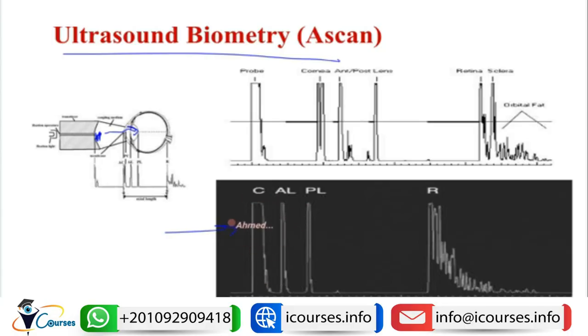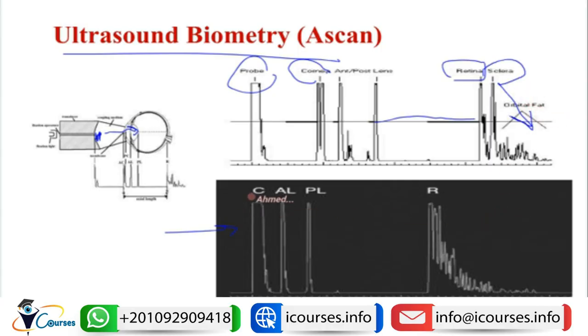So the different media of the eye will give high reflectivity. As you can see here, the first spike will be the probe. Then the second spike will be the cornea. Then there will be two spikes representing the anterior and posterior surfaces of the lens. Then there will be a long space representing the vitreous. And then there will be a spike for the retina and a spike for the sclera. Later on, the spikes will decrease, representing the orbital fat.